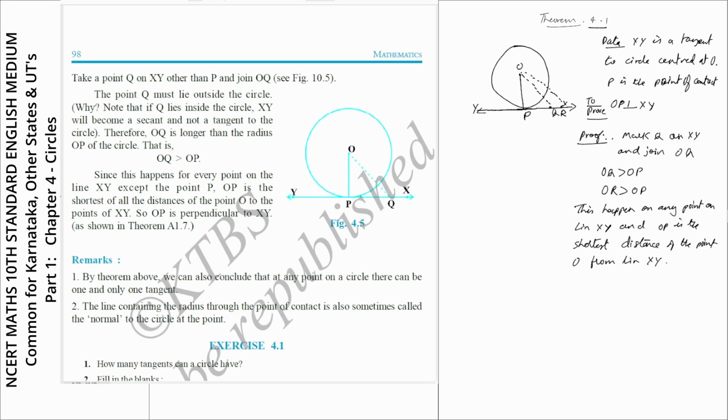OP will be the shortest of all the lines. Therefore OP will be perpendicular to XY.